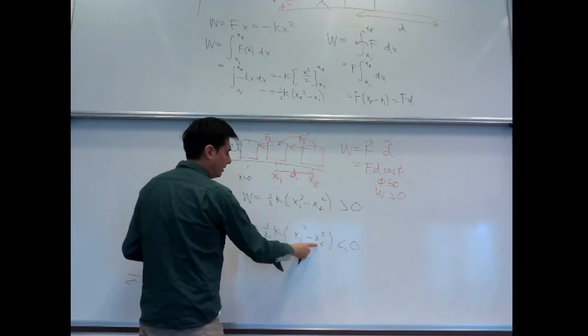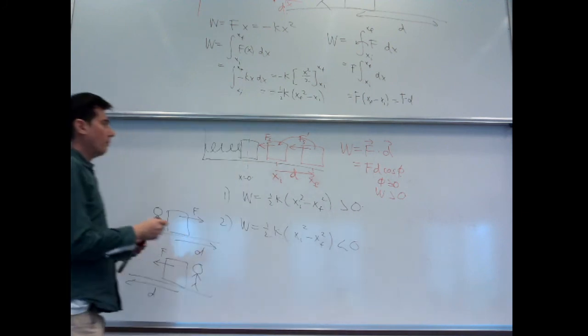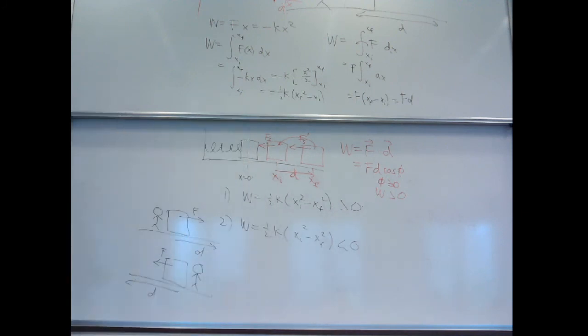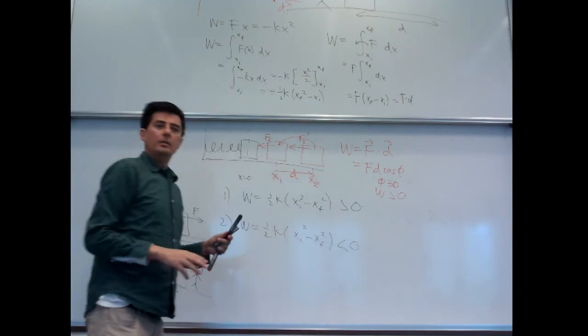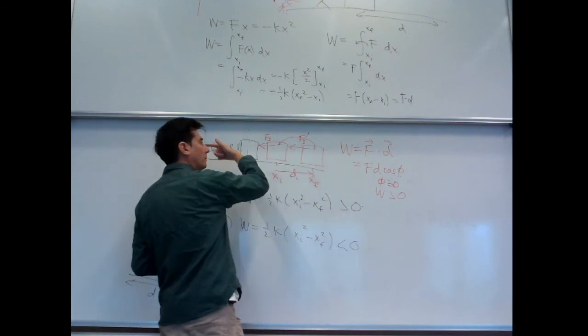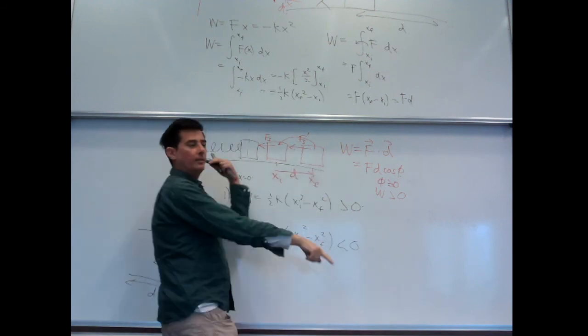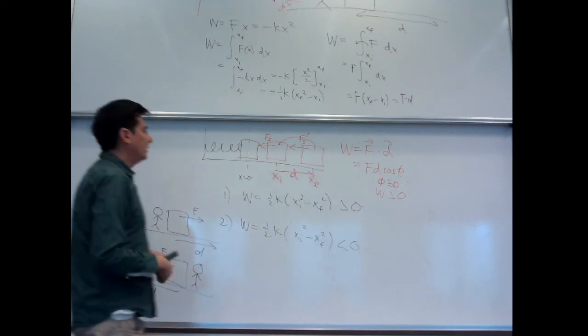That's going to be bigger than this, so that's going to be negative. And that also makes sense in terms of just looking at the work as force times distance, because force is that way, but the displacement is that way. So they're in opposite directions, so that's why the work will be negative in this instance.